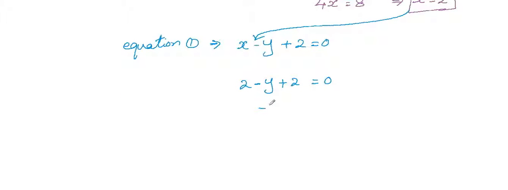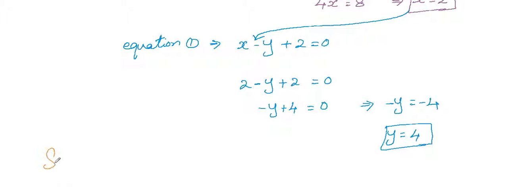So 2 plus 2 is 4, so minus y plus 4 equals 0, which is minus y equals minus 4, and the y value is 4.